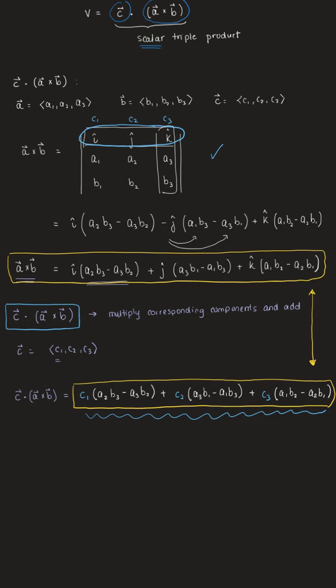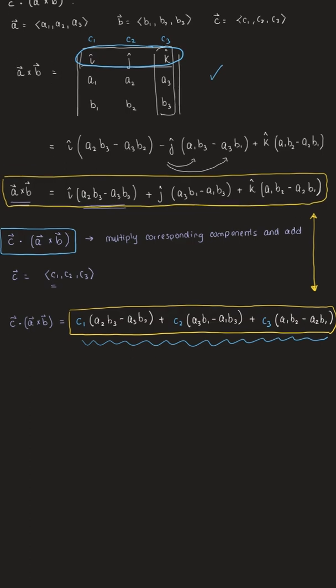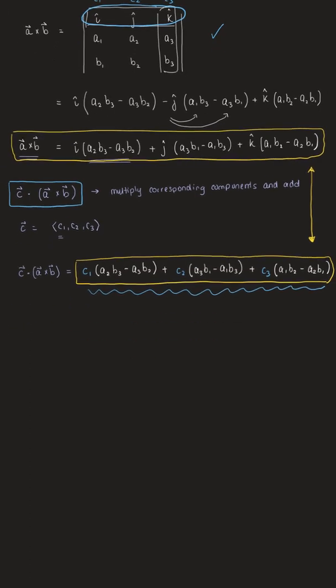Really all that had to be done was replace vectors I, J, and K with the components of vector C. So now we can see that the dot product of C with the cross product of A and B can be found by using a third order determinant, replacing the first row with the components of the first vector, and the second row will contain the components of A, the third row the components of B, the two vectors that we are finding the cross product for.